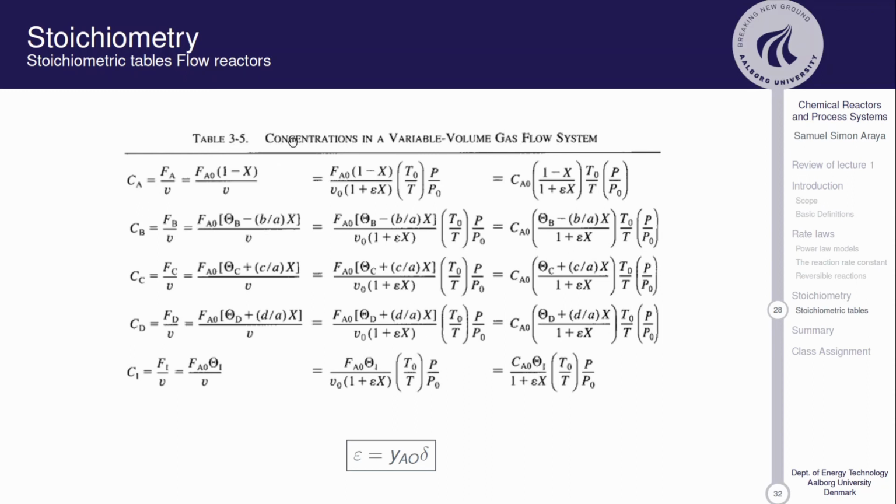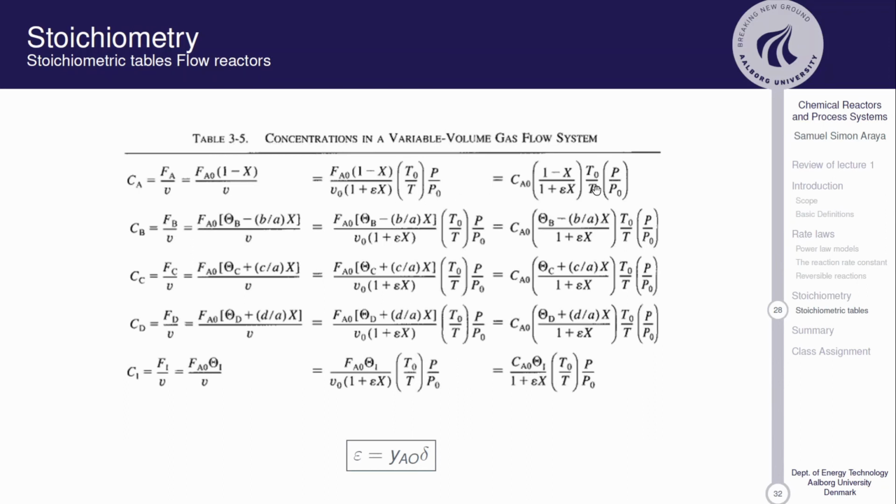And when we have a change in volume, then we will need to use the ideal gas law to account for the change in volume. And therefore we will use the molar flow at different concentrations, and then we will change the temperature and pressure based on how the reaction progresses.